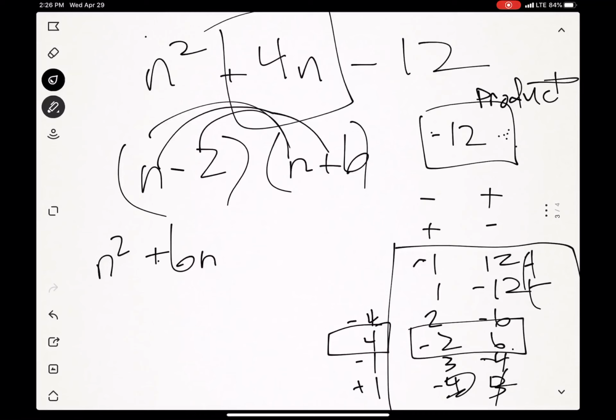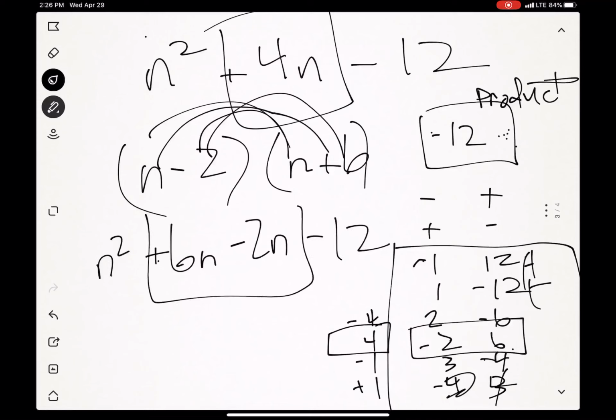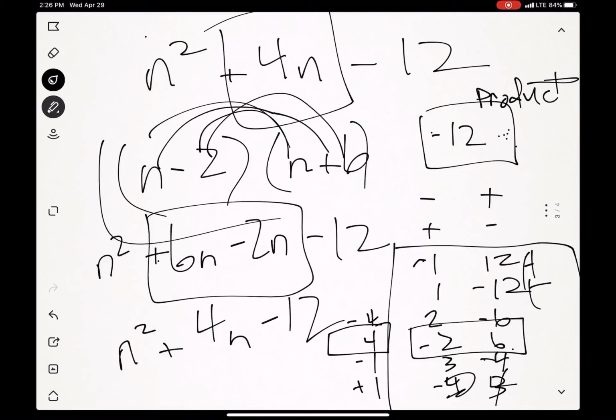Negative 2 times n is negative 2n, and then negative 2 times positive 6 gives me negative 12. When I combine these middle terms, I get a positive 4n, so I get n squared plus 4n minus 12. But ultimately, you're factored out. Your answers are n minus 2 times n plus 6.